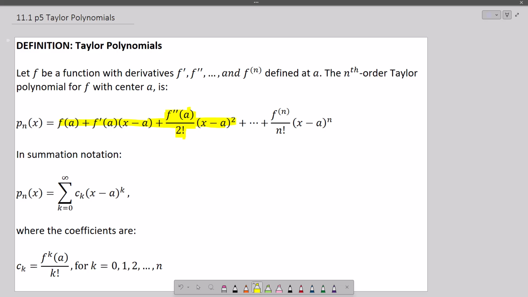To find C sub 3, we would end up with F triple prime over 6, not F triple prime over 3. And if we do the next one, we'll see that the pattern in the denominator is not that it just matches exactly, it's that it's a factorial. So under F triple prime will be 3 factorial, which is a 6. Under F with 4 primes, it's going to be 4 factorial. So that's going to be the pattern, that we have an n factorial.